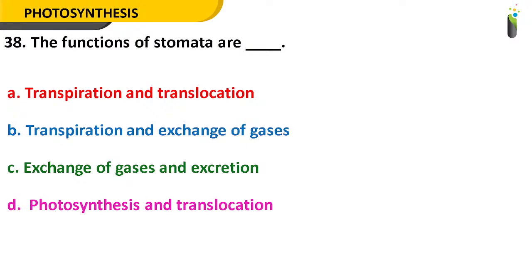D. Photosynthesis and translocation. So what are the functions done by the stomata? Well, the answer for this question is B. Stomata help in transpiration as well as exchange of gases.